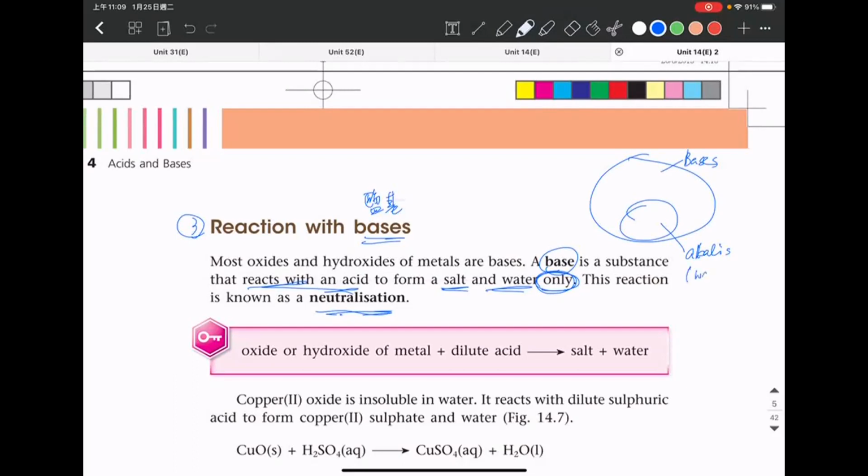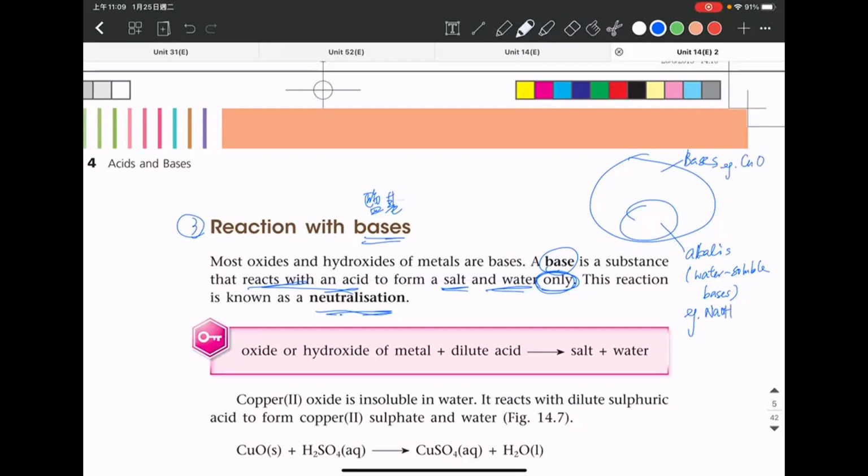The difference is that alkalis are very special chemicals. They are water soluble as well. They not only react with acid to form salt and water only, but they are a type of water-soluble base. For example, NaOH dissolves in water, but for bases like copper 2 oxide, it does not.